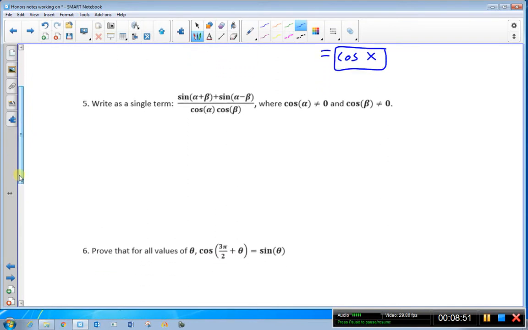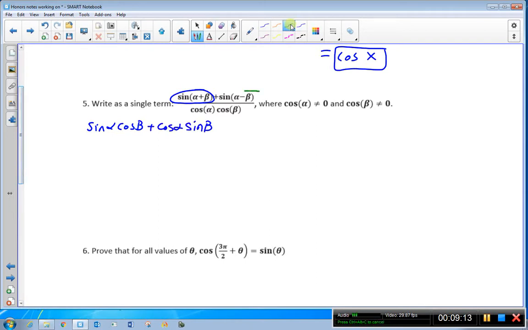Okay, next one, write as a single term. Okay, all right, so we're saying no denominators can be 0. So let's just write out our formulas for the sine of alpha plus beta. So that's sine alpha cosine beta plus cosine alpha sine beta.